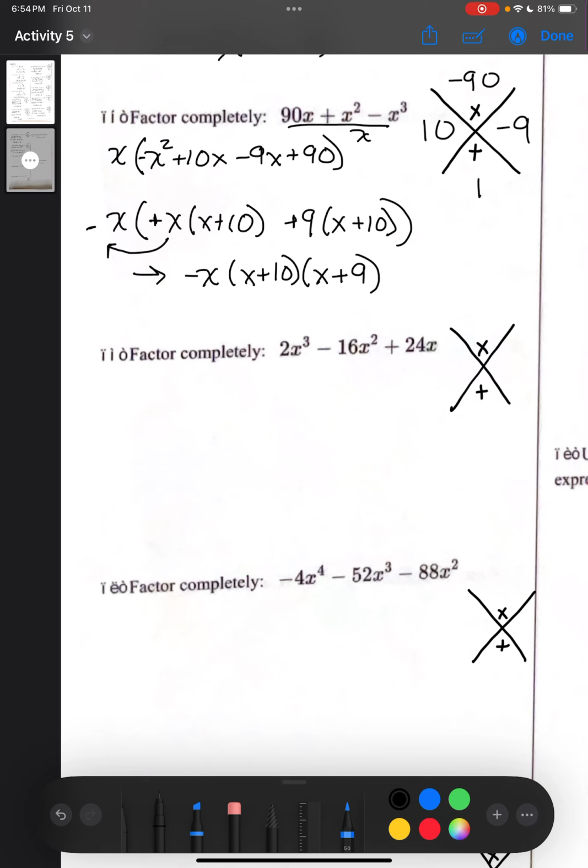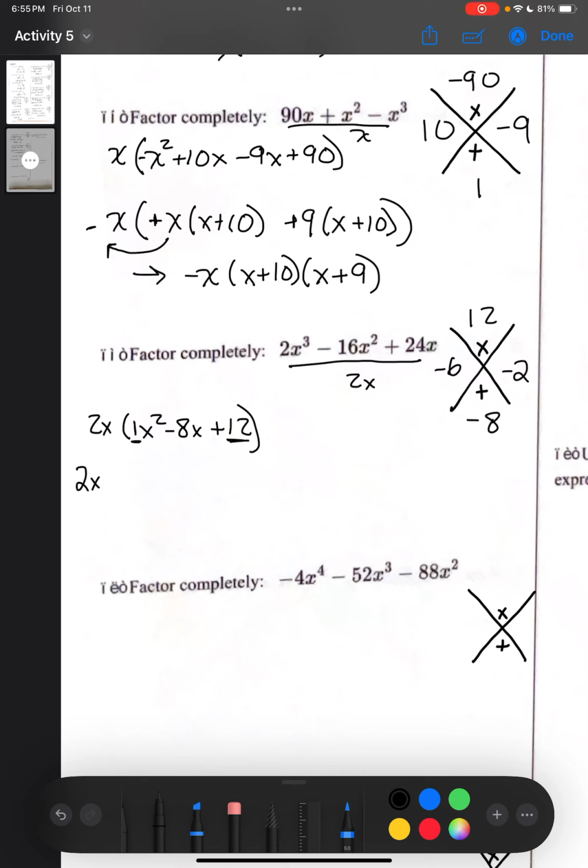Alright, so back to these. We are taking out a 2x, which should leave you with x squared minus 8x plus 12. So we want it to multiply to 12 and add to negative 8, which gives you negative 6 and negative 2.